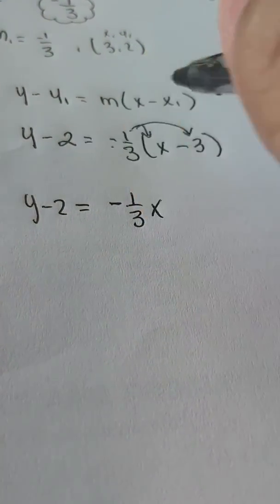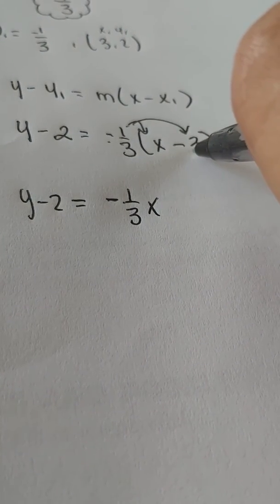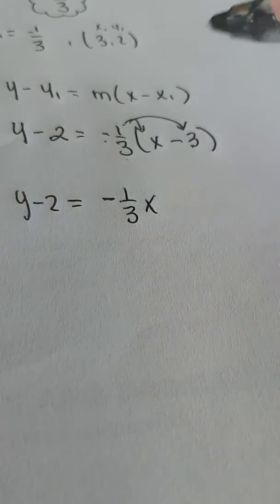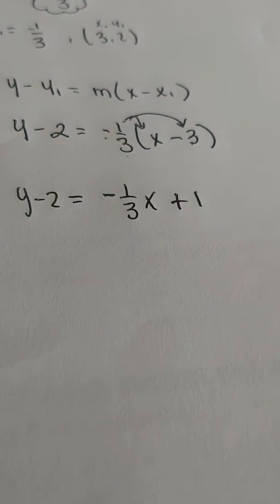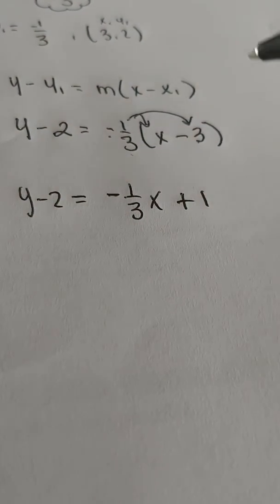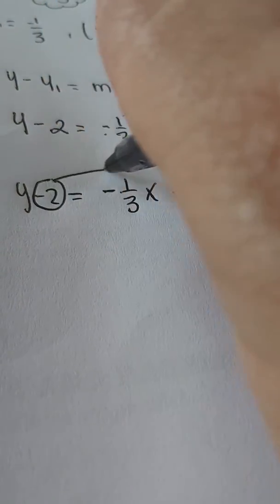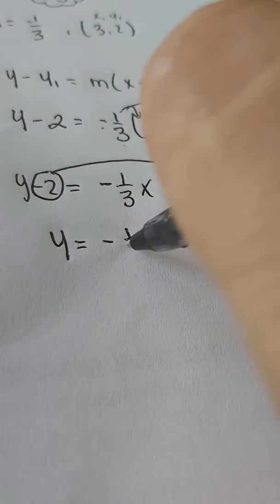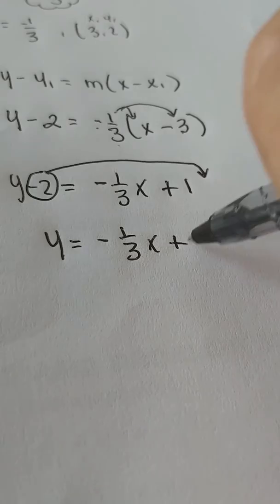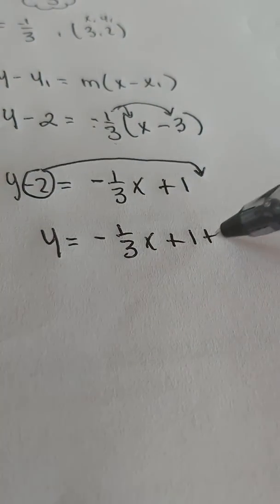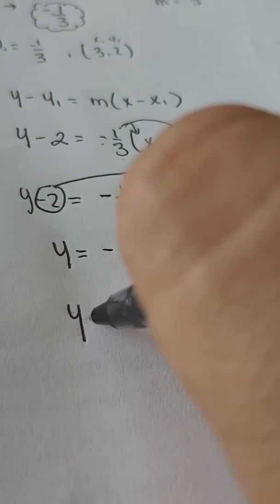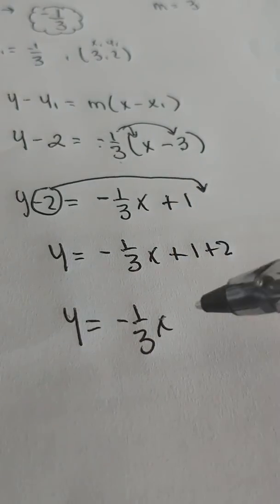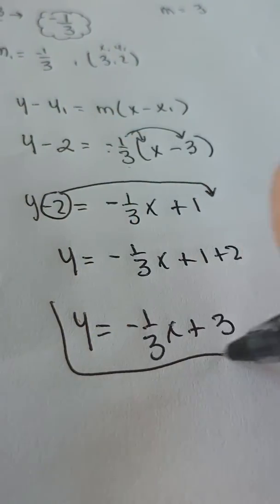Negative 1 times negative 3 is positive 3, divided by 3 is positive 1. Now we pass minus 2 to the other side, so now we get y equals negative 1/3 x plus 1 plus 2, y equals negative 1/3 x plus 3.